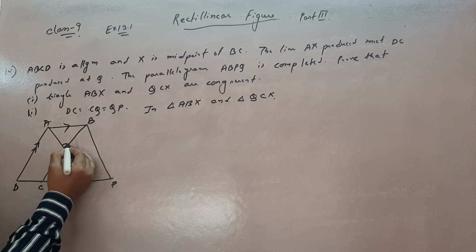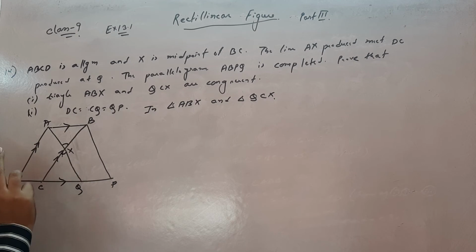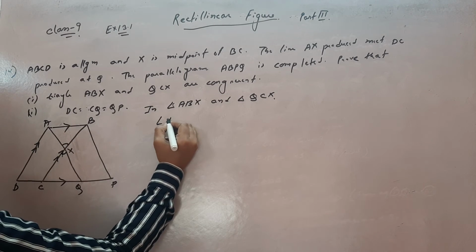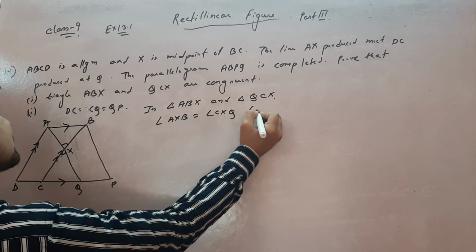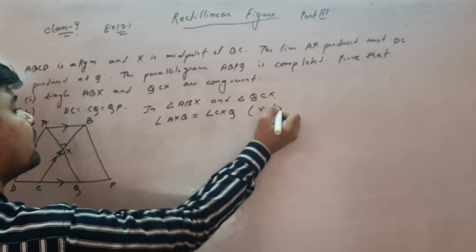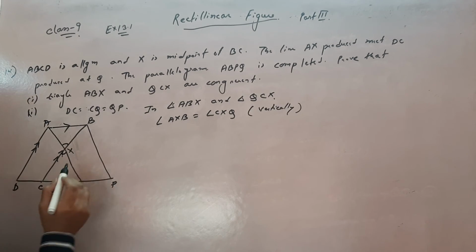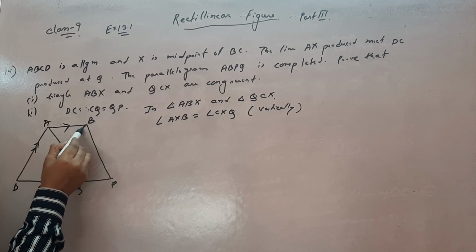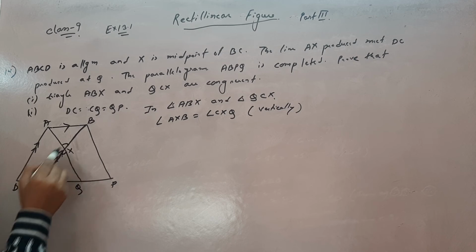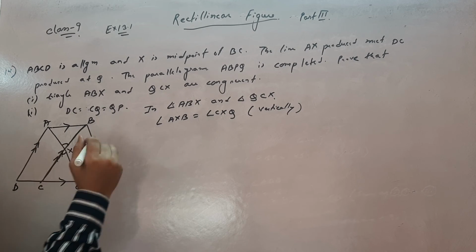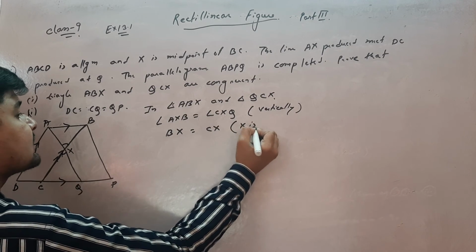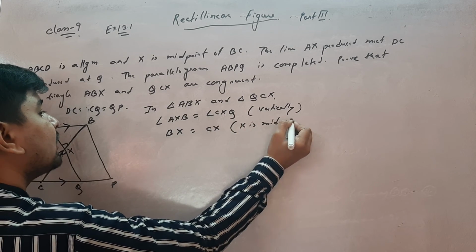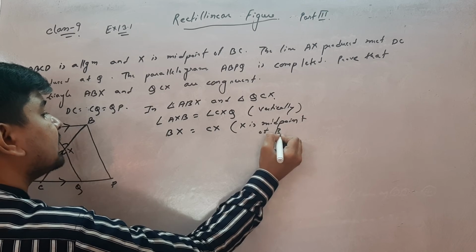First of all, these two are equal, vertically opposite angles are equal, so angle AXB equals angle CXQ. After that, BX equals CX because X is the midpoint of BC, given.